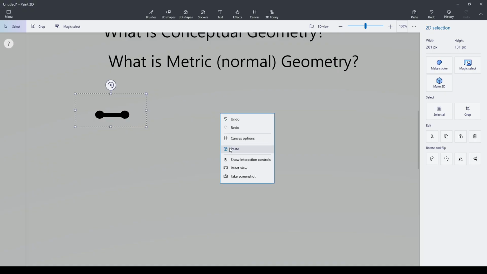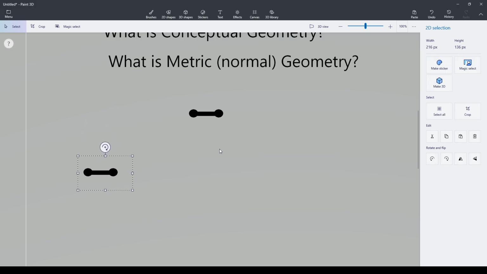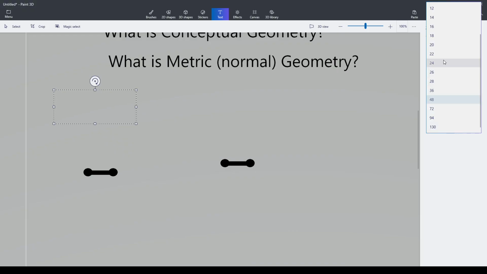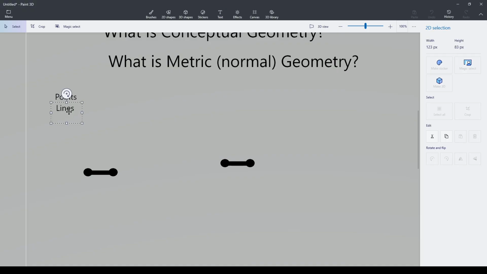In metric geometry, these are called, let's tinyfy that a little bit, points and lines.